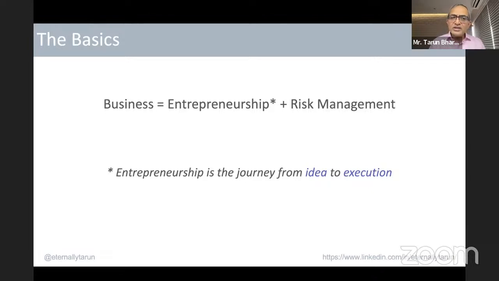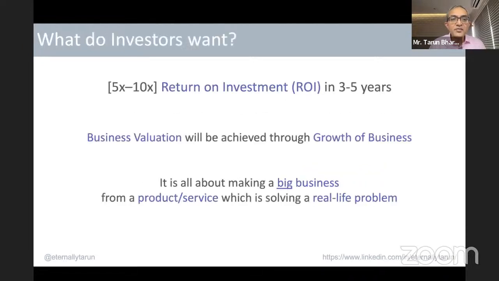So this is all business has been, and this is fairly common sense, and it has been happening for hundreds or thousands of years. There's nothing new. So there's not much either I or anybody else can teach you about business or entrepreneurship. I think it is about a journey which each one of you has to start and learn on your own, be observant, as you go along in your life.